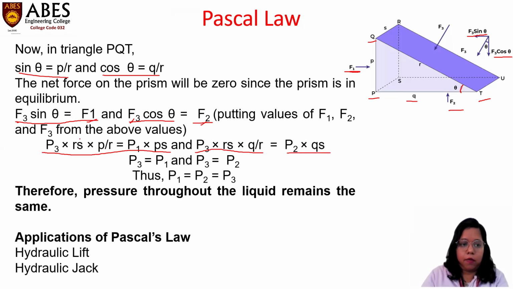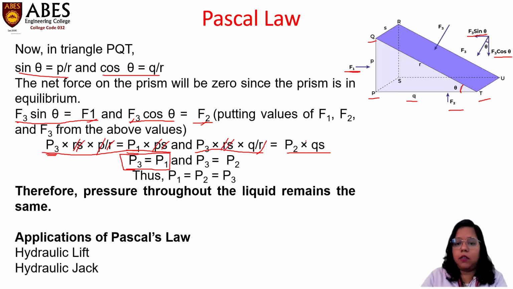So from here, r is cancelled, then s is cancelled, then p is cancelled by this p. It means P3 is equal to P1. This is written here: P3 is equal to P1. Then r is cancelled by this r.